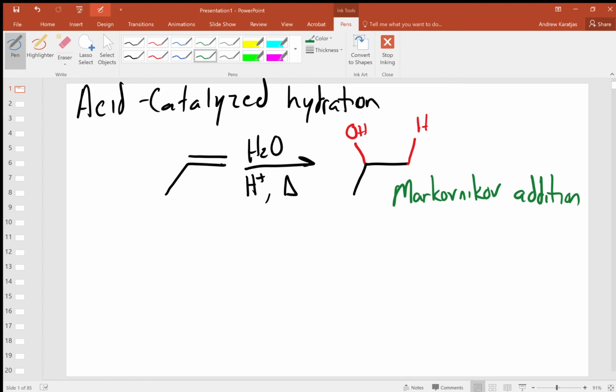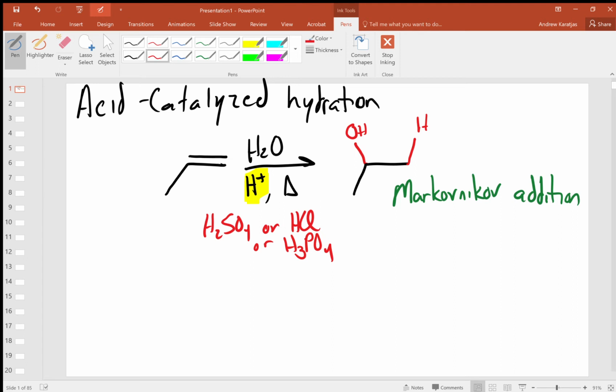Now, acid-catalyzed hydrations do have somewhat limited use, and the main reason for that is the reaction conditions. The acid in this case is generally a strong acid, something like sulfuric acid or hydrochloric acid or phosphoric acid, all of which are strong acids.